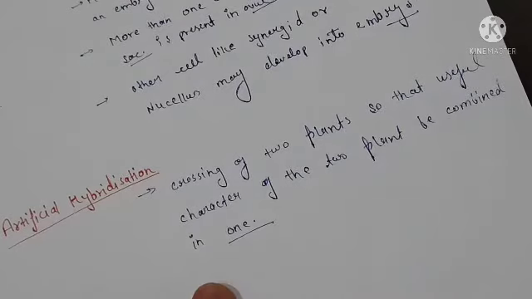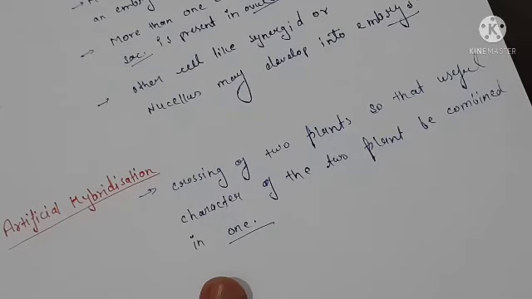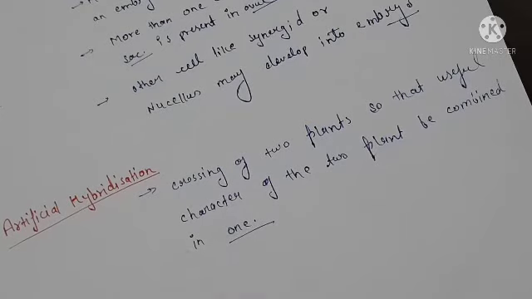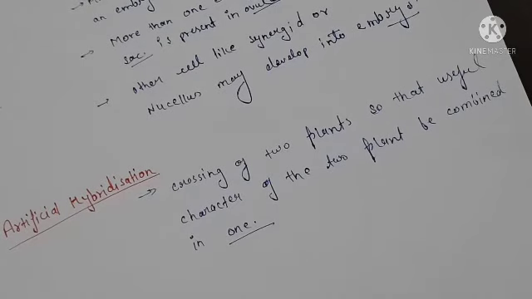Take an example of one plant that gives fruit but is not suitable for warm temperature. We take the gene of that plant and combine it with a plant that is suitable for warm temperature.